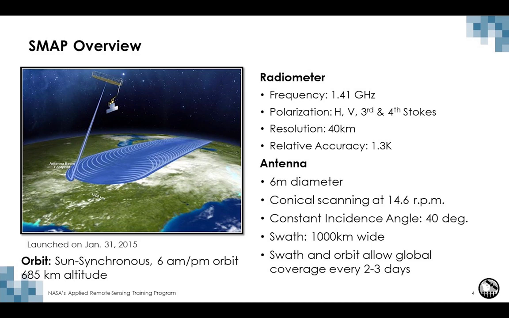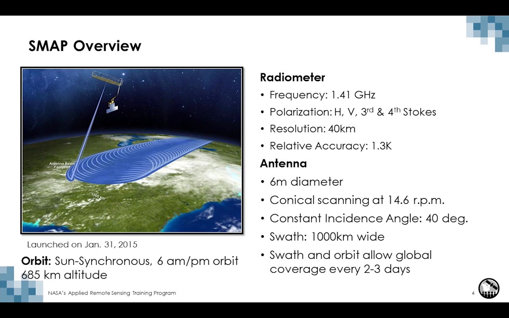Now, the sensor uses an antenna that is 6 meters in diameter. As you can see in this illustration, you can see the antenna. And this antenna actually rotates at about 14.6 revolutions per minute and creates a swath on the surface of the earth that's 1,000 kilometers wide.